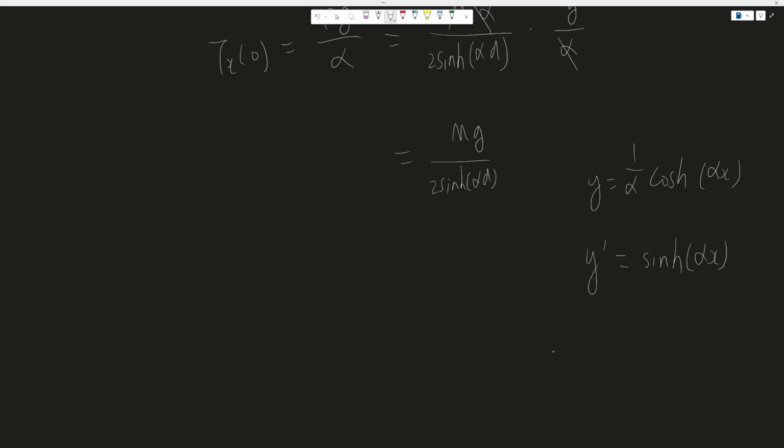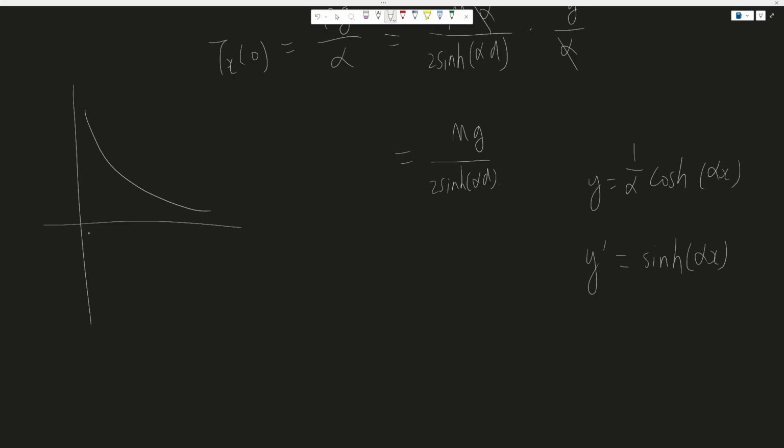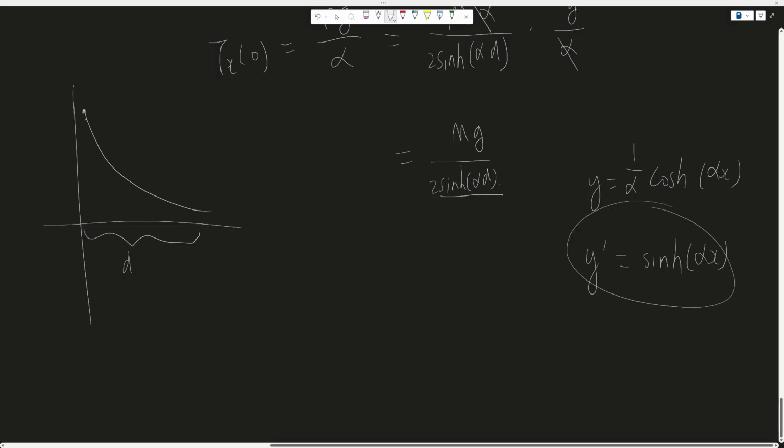So then what is the slope at x equals d? Well, again, I'll draw a diagram here. So let's think about half of the curve. So remember what we said d is. We said d is basically how long this half of the string, or half of this chain, is, like the extent, how long this is. So then this expression means the slope at x equals d, which is basically the slope at the very top.